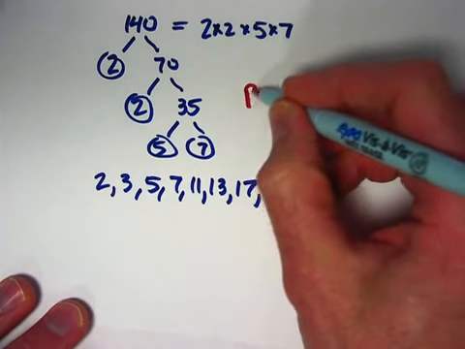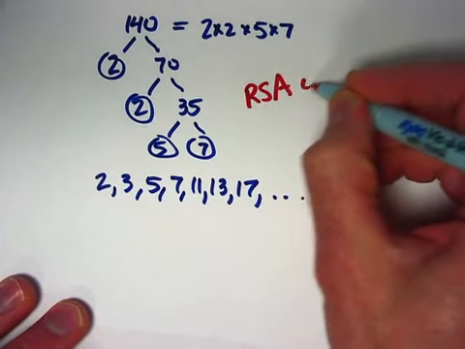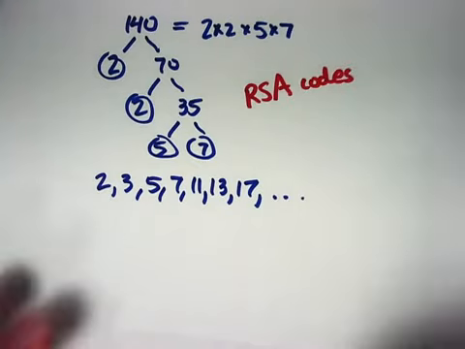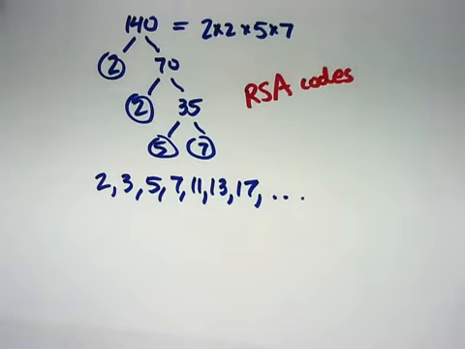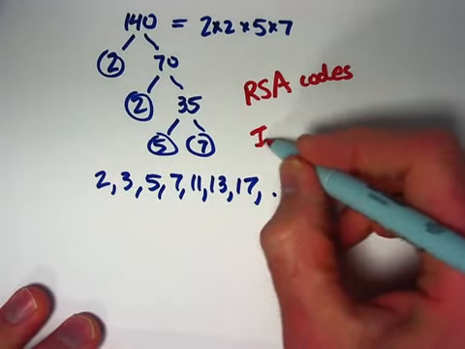If you look up RSA codes, that's a famous example of a security system, an encryption system for encoding information secretly. So, for example, your transactions on the internet are secure.